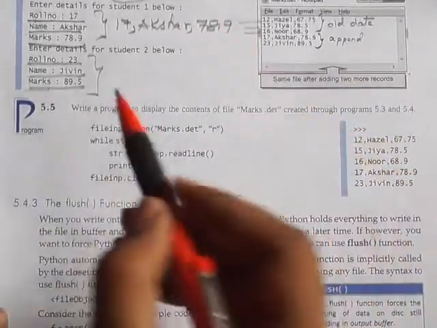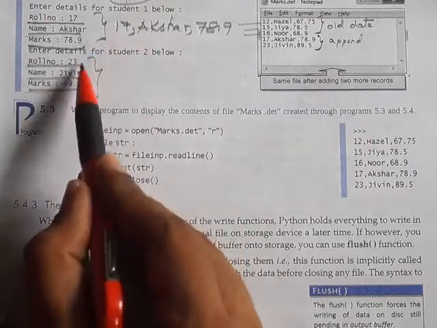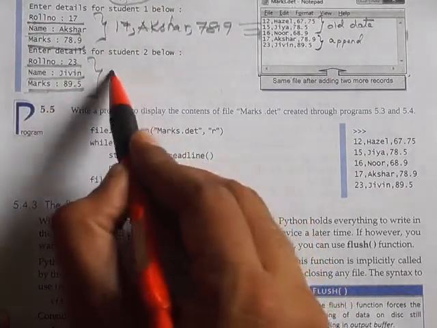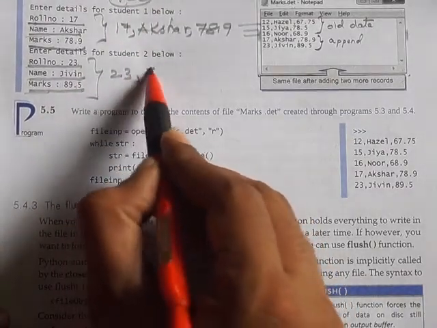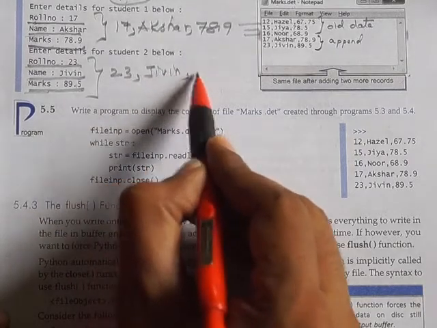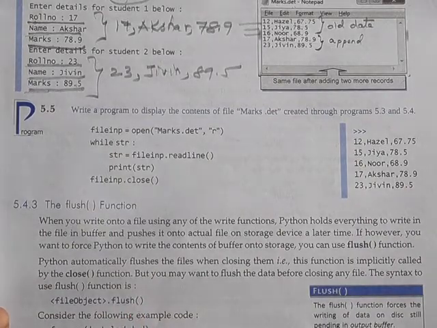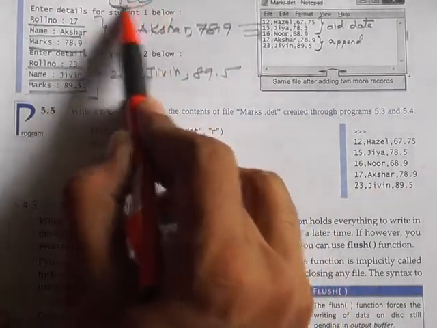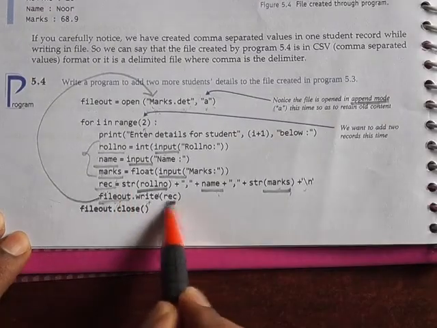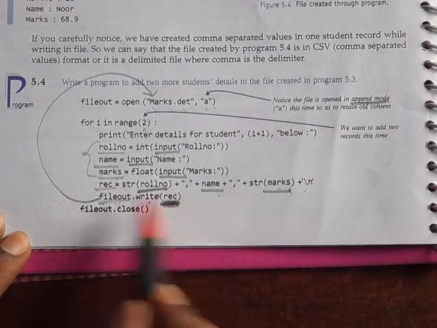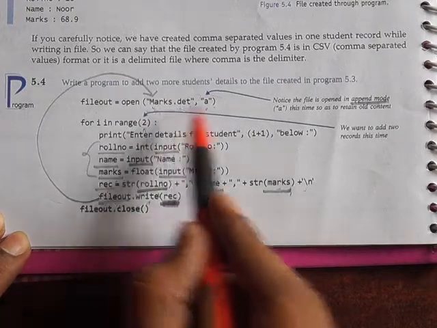Okay, so because of the rec statement, these three things will be given, 23, 89.5. Okay, fine. So this rec data only is going to be written in file out. That means marks.det.